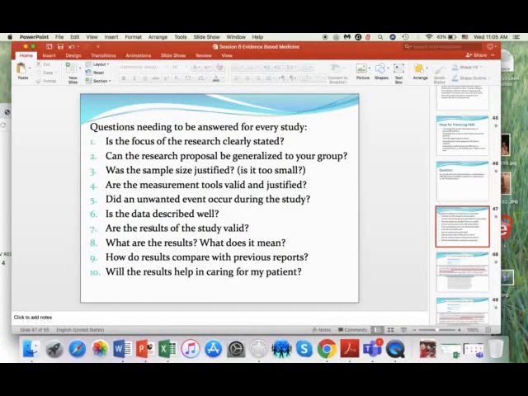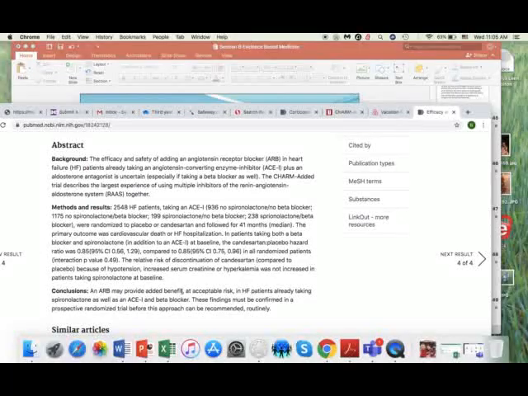And then we could ask, are the results of the study valid? What are the results? What does it mean? Here the results are that yes, adding an ARB to a patient already taking an ACE inhibitor who has uncontrolled heart failure could be beneficial, and the type of benefit is that it decreases heart failure hospitalization.